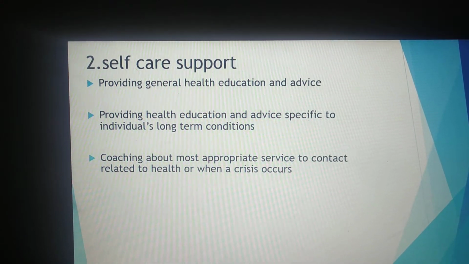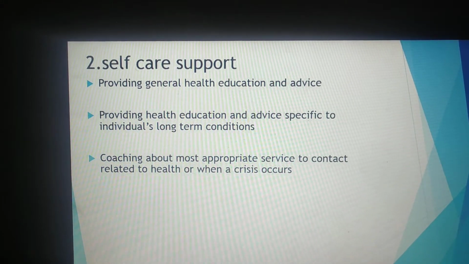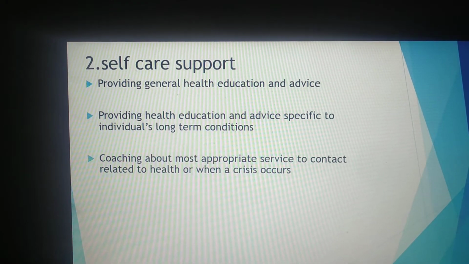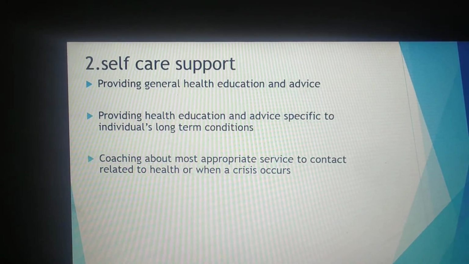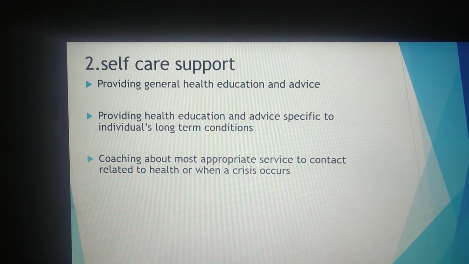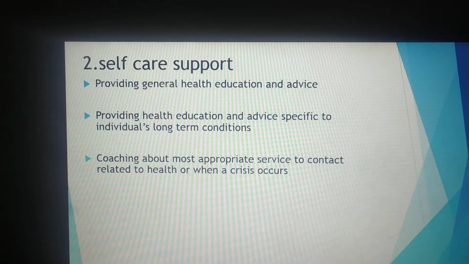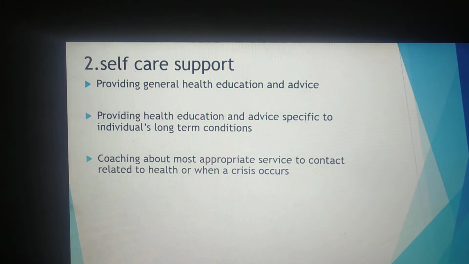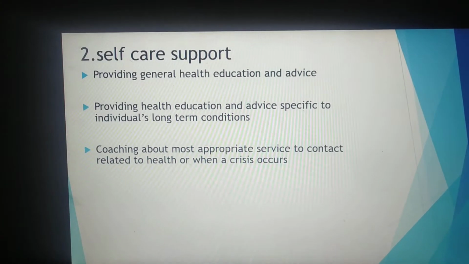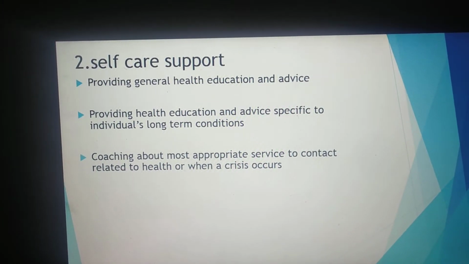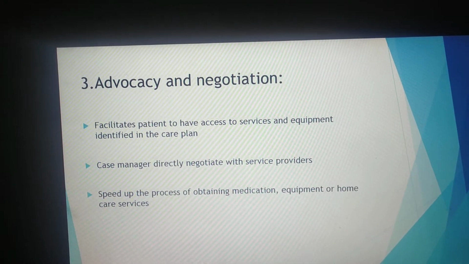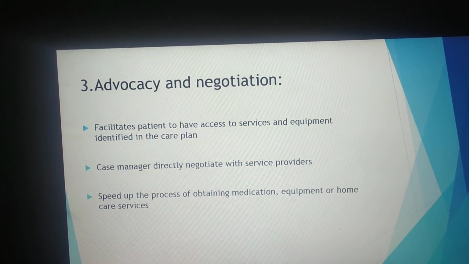By providing effective communication skills and effective counseling therapies to the patient as well as the family members, we can expect good support for the patient. By giving support and encouraging the client we can expect a good outcome from the mental illness of the client. The third one is advocacy and negotiation.